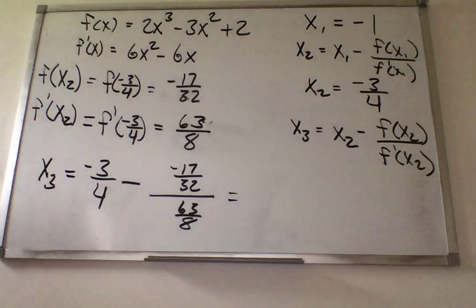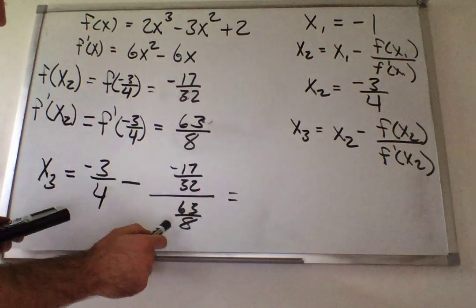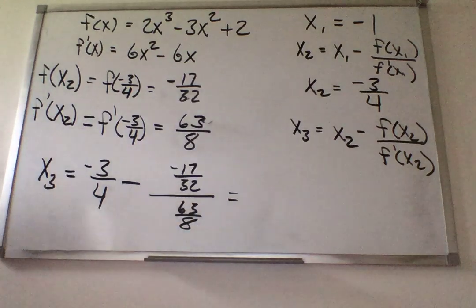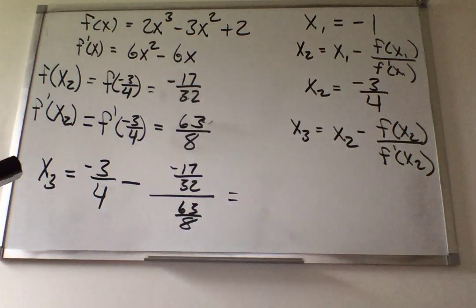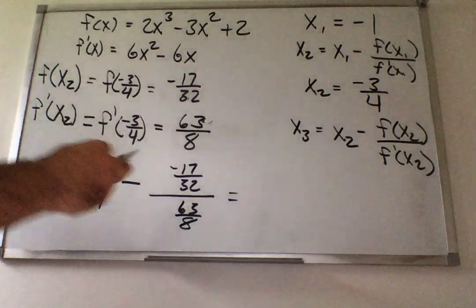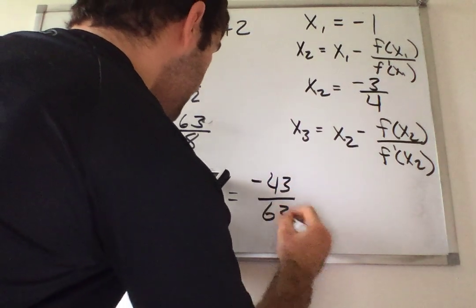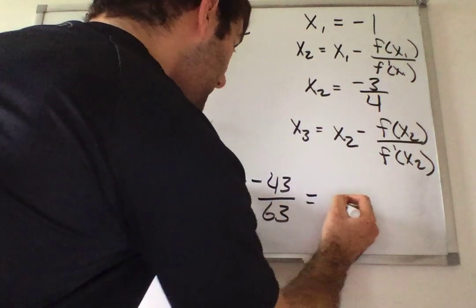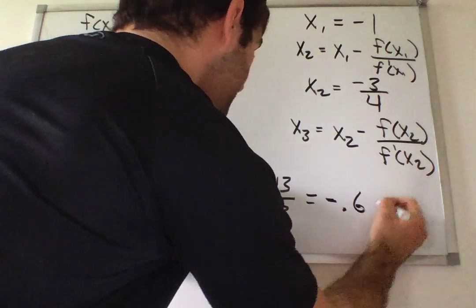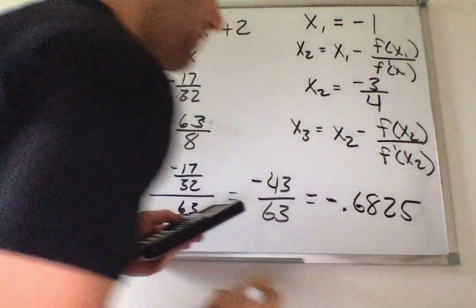Make sure you put parentheses around this numerator, and also around this denominator. When you hit enter, mine gave it to me in a fraction form, but if I turn it into a decimal, negative 0.6825.